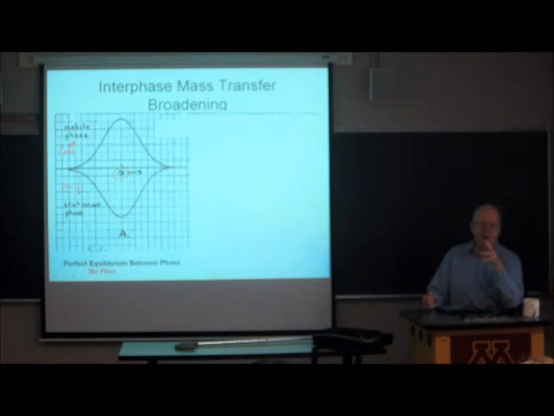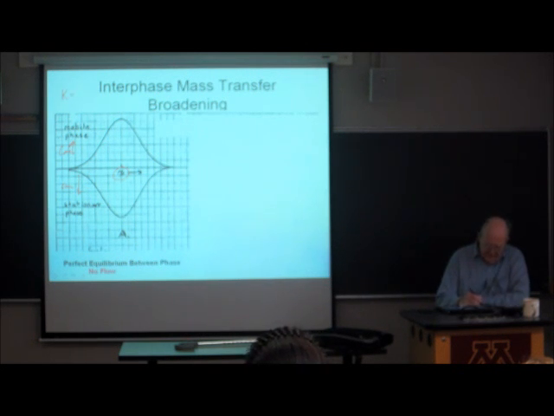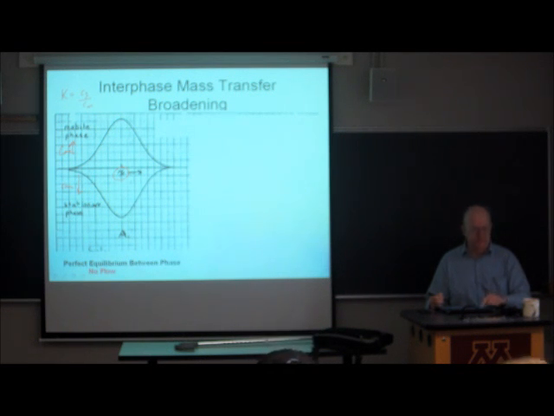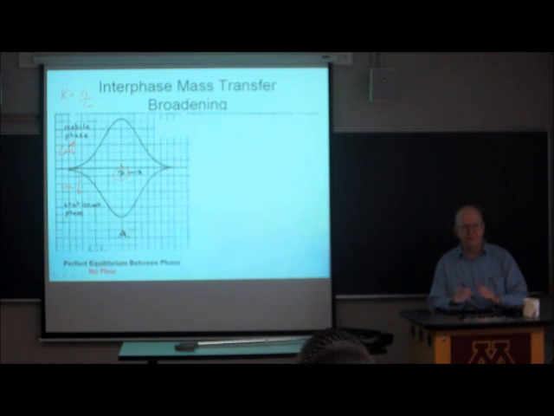If we have a linear isotherm at equilibrium, then CS equals K times Cm. This is the equilibrium constant for the transfer process. So the concentration in the two phases would be exactly proportional to one another, and that would have to be the case at equilibrium at every point in the stationary phase.